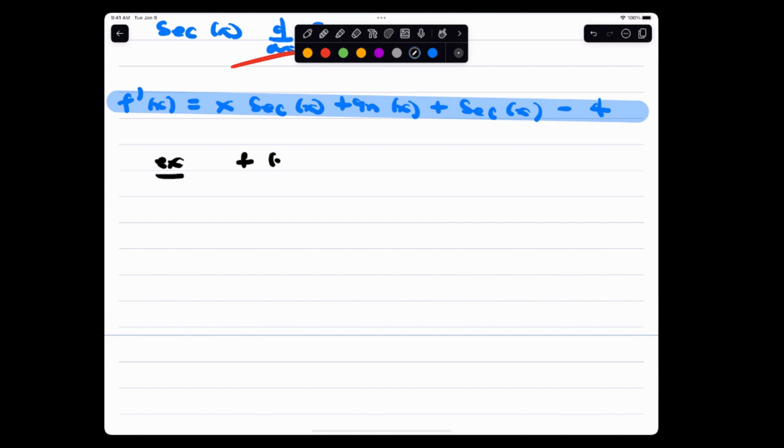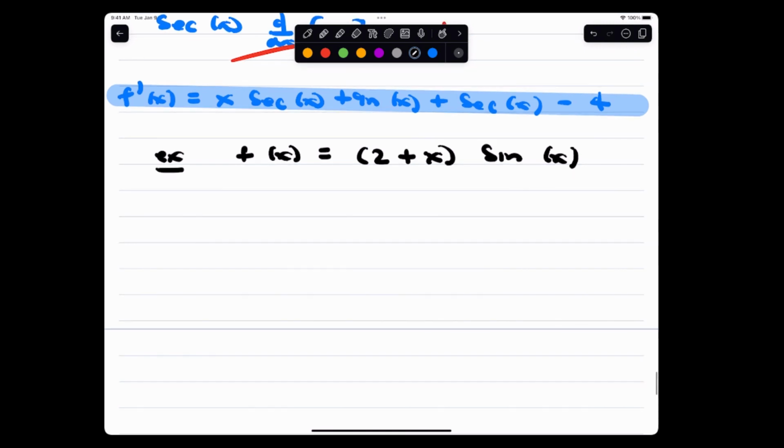How about if they give you 2 plus x sine x? All right.